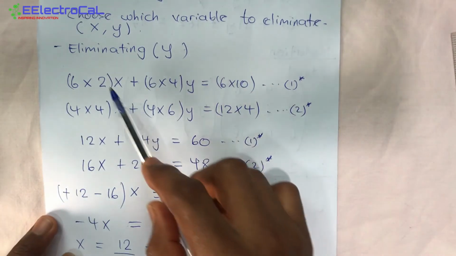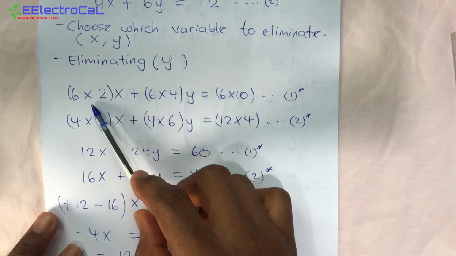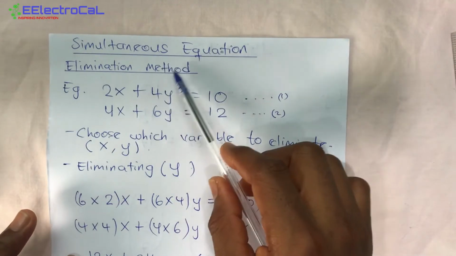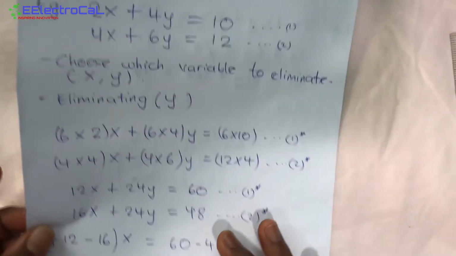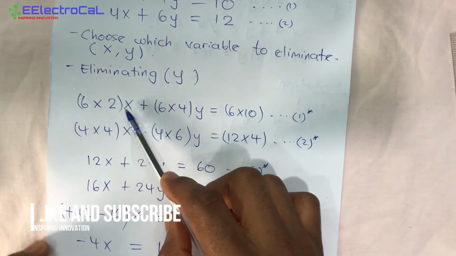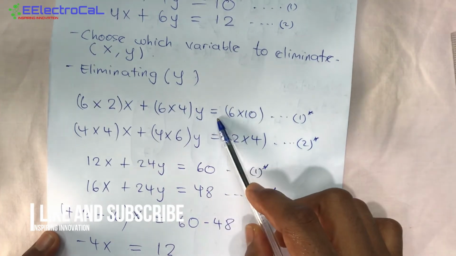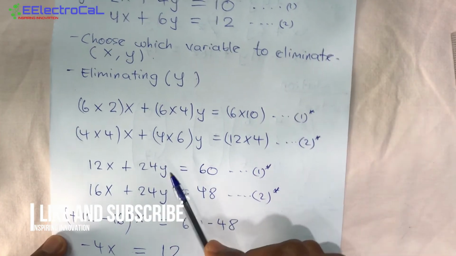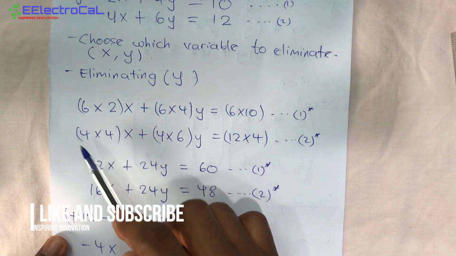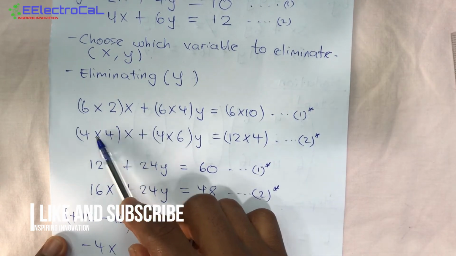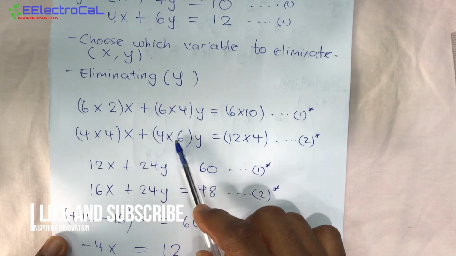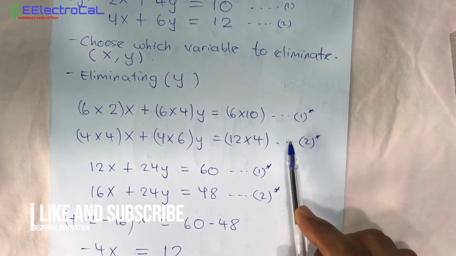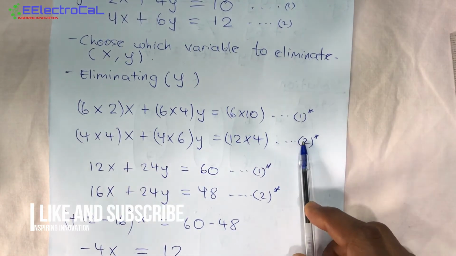So to eliminate y, we multiply through equation 1 by 6, the coefficient of y in equation 2. We have 6 times 2x plus 6 times 4y equals 6 times 10, and that gives us equation 1 asterisk. Now we do the same for equation 2: 4 times 4x plus 4 times 6y equals 12 times 4, which gives equation 2 asterisk.